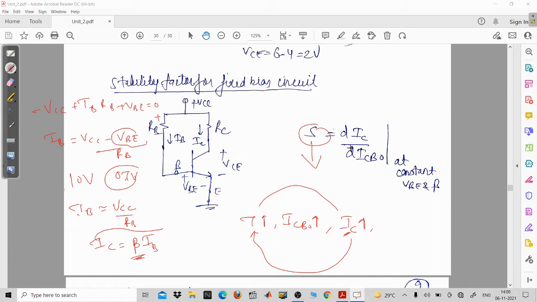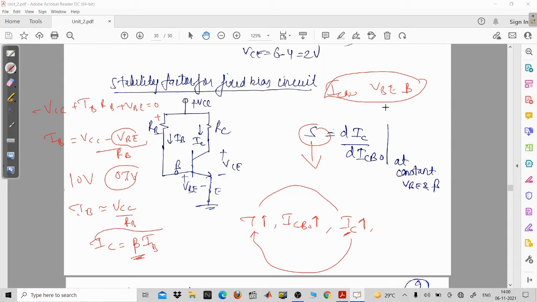You know that we have three important factors: ICBO, VBE and beta. Because of these three factors, your operating point will shift upward and downward. Why is the operating point shifting? Because there is a variation in IC. So we are finding the rate of change, that is, the variation of IC with respect to ICBO.